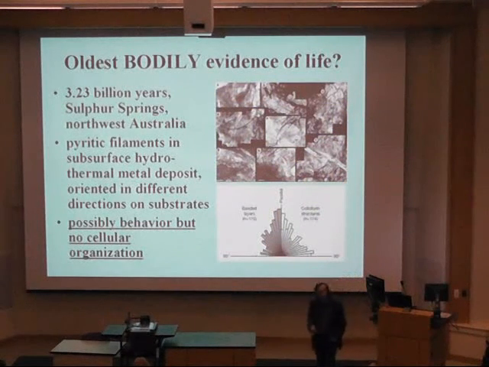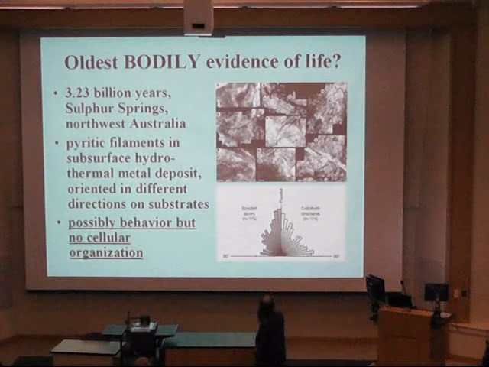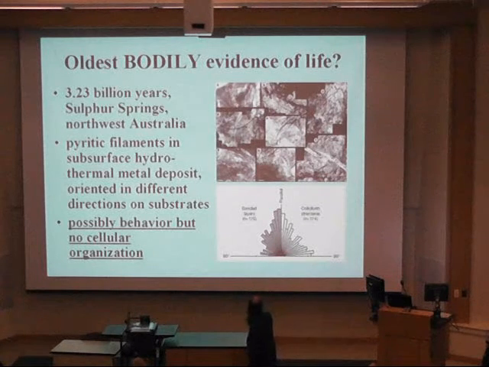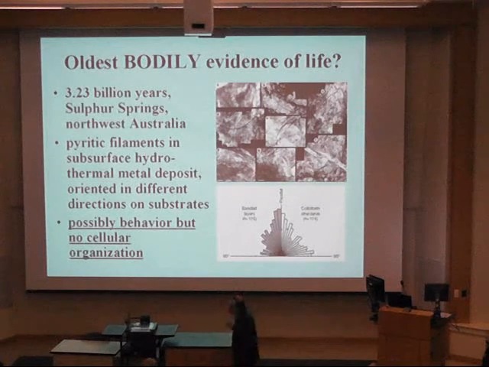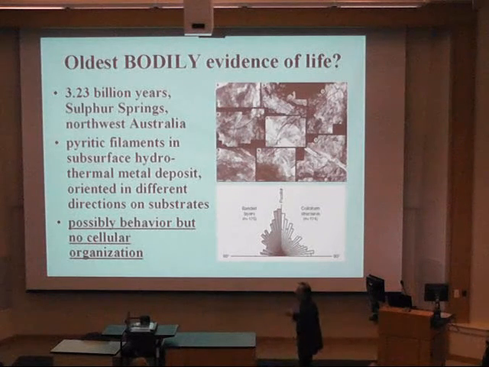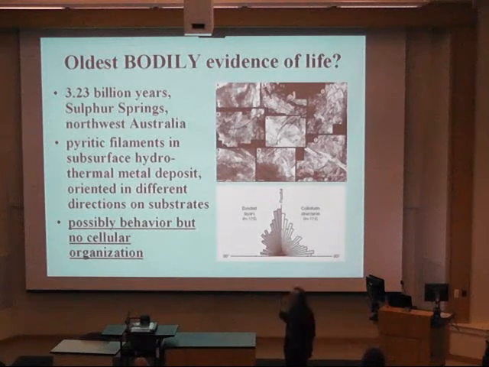So if you go a little bit younger, also in northwestern Australia, there are these filaments. That scale bar there is, I think, 50 microns. These look like little clusters of filamentous bacteria. The problem is that they're not composed of carbon. They're not composed of organic matter. They're composed of pyrite.